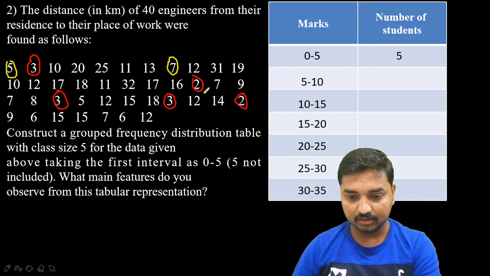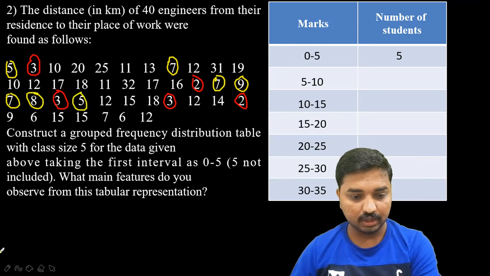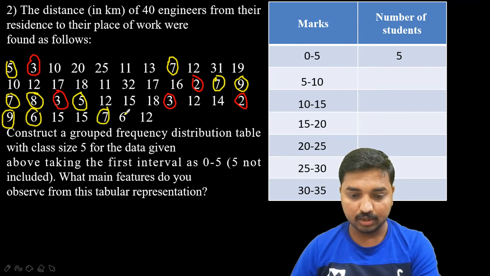Here it is 7, one more 7, and 9. You can include 9 also, but not 10. You can include 7, 8, and 5, and next you can include 9, 6, and here it is one more 7, and here you can include 6.